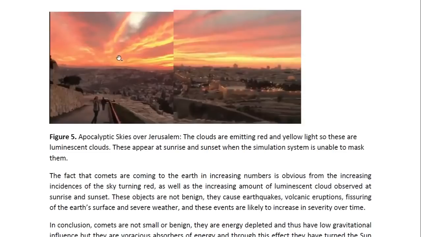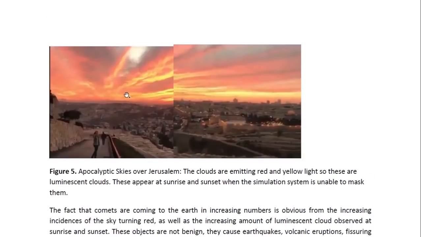And these are the apocalyptic skies over Jerusalem, and these clouds are luminescent clouds. They are actually emitting light, and you can see that because you see how thick this cloud is, and yet the bottom of it is emitting yellow light, and further up it's emitting red light, and in between it's emitting red light.